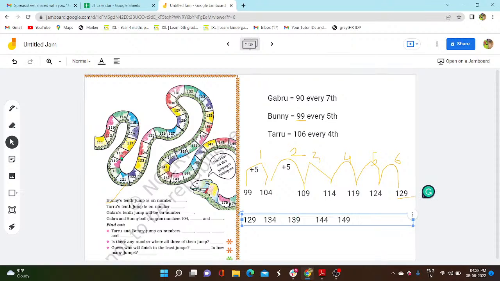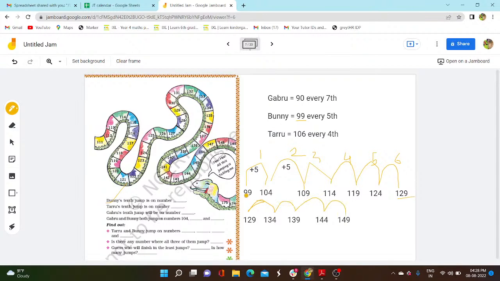Now let's check how many more jumps he has taken. Till 129 it was the sixth step. So we have 7th, 8th, 9th, and 10th. So this is 7, 8, 9, and 10. This is the 10th jump.